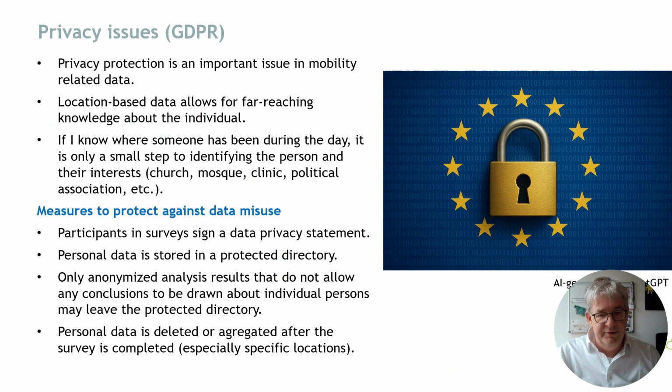The last thing I want to discuss in this part of the online course is the privacy issue. Privacy is an important thing you need to consider if you run a survey, to avoid running into legal problems and legal issues. Especially as we have behavioral data and location-based data.